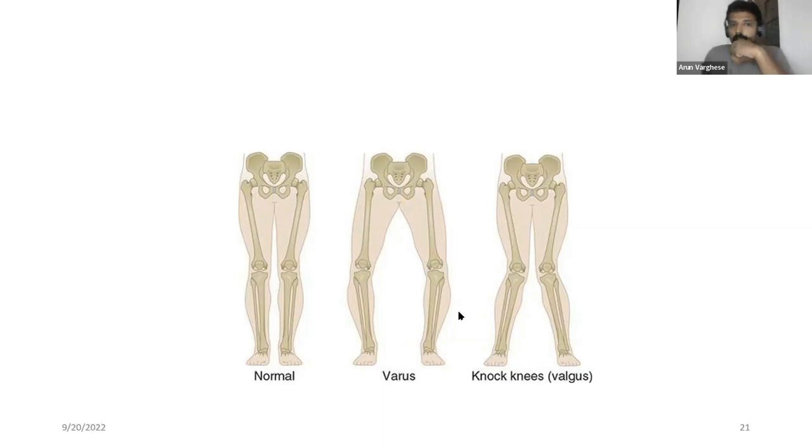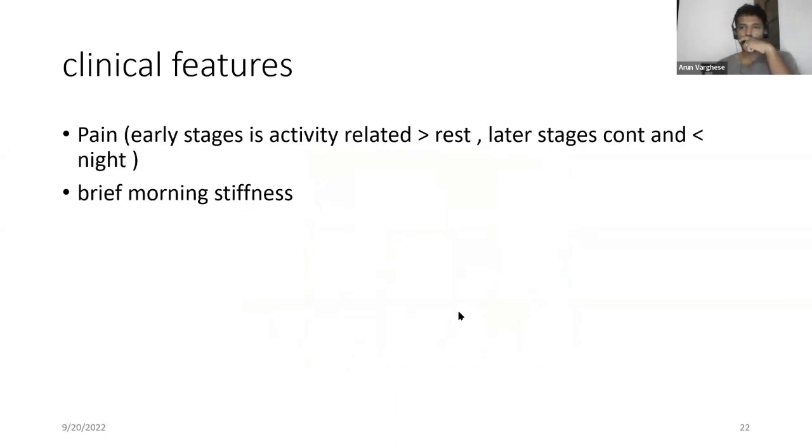Spectrum. In the early stages, the knee pain is activity related. It is better with rest, and as the person exerts, it becomes worse. Whereas in severely progressive OA, we are going to get night pain, nocturnal pains, as it progresses with more destruction.